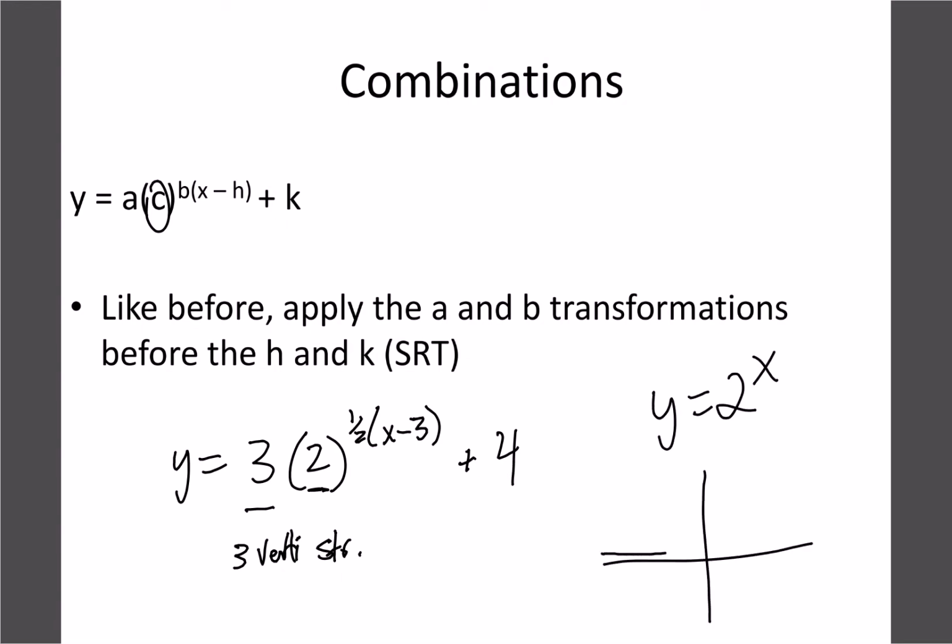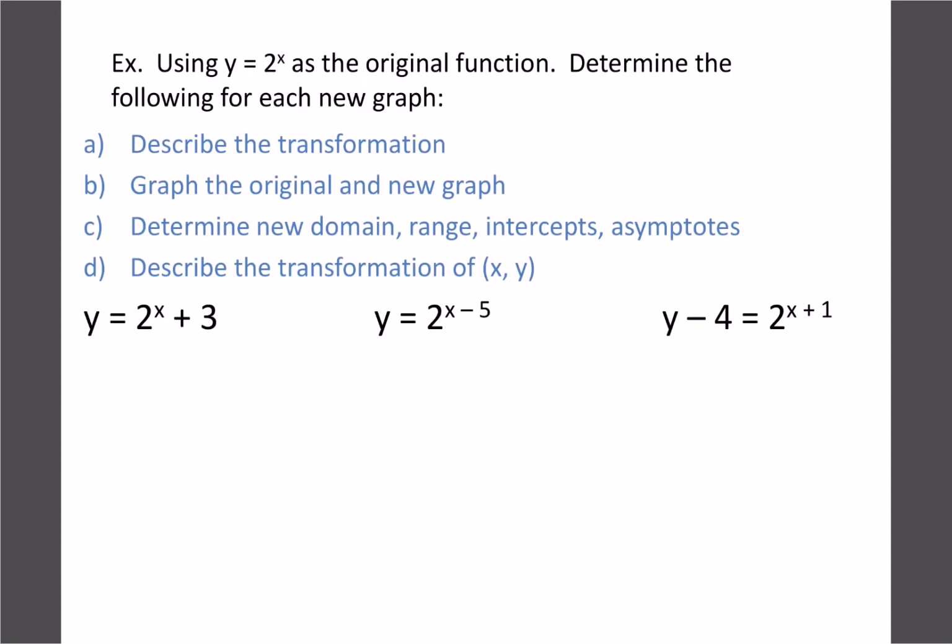So that just tells us what we're starting with, and then from there we're going to do our translations. So the 2 doesn't do anything. The half would be 2 times horizontal stretch. The -3 would be 3 to the right. And the last one, 4 up. Same kind of thing as before, just a little bit different looking equation.